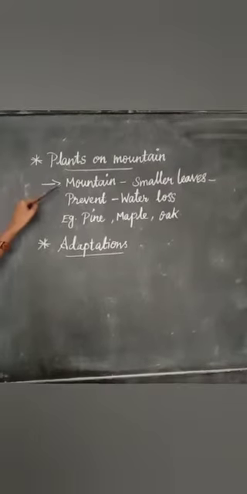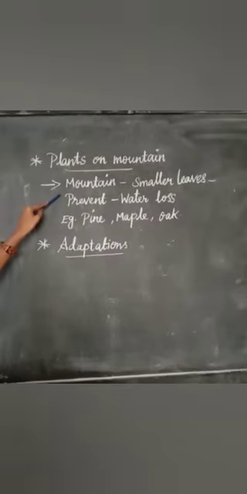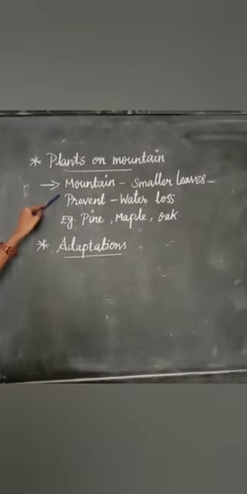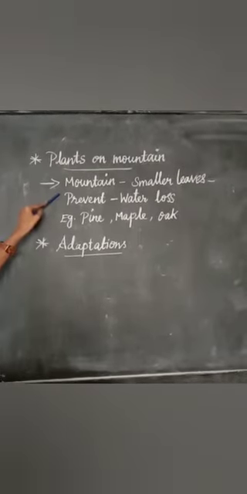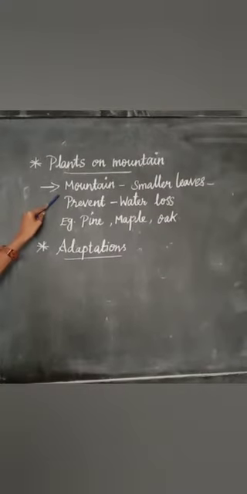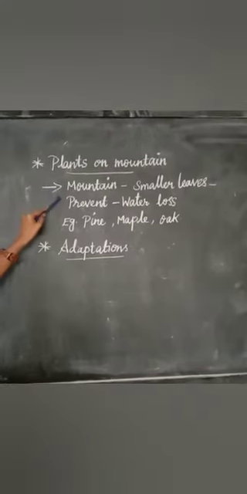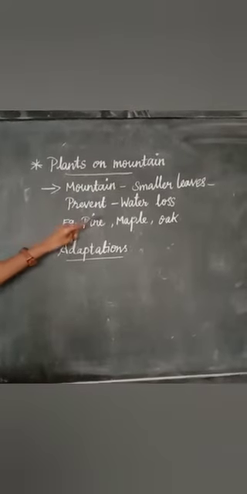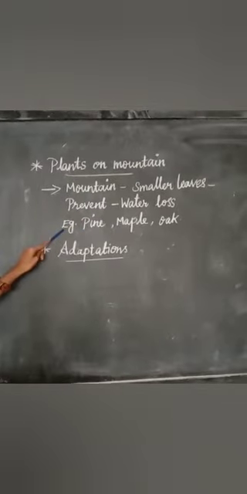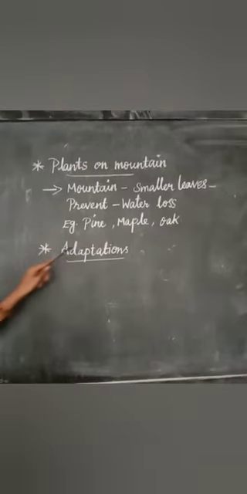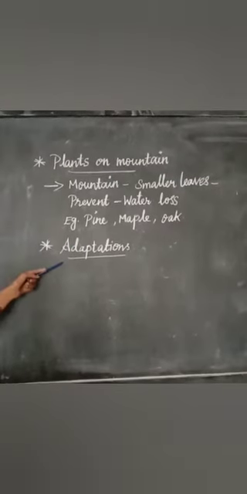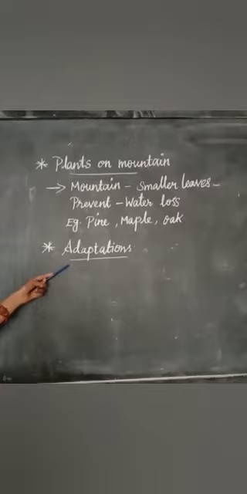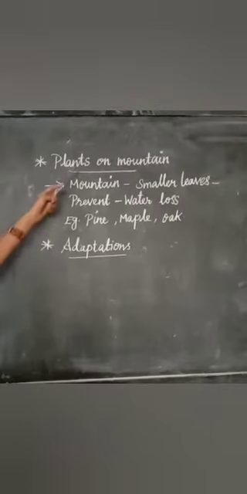So mountain plants grow close to the ground to avoid being uprooted by strong wind. Okay, and also these plants produce smaller leaves to prevent water loss. Example, pine, maple and oak. Students, come on, let us see the adaptation of the mountain plants.